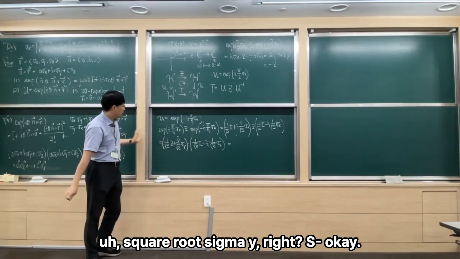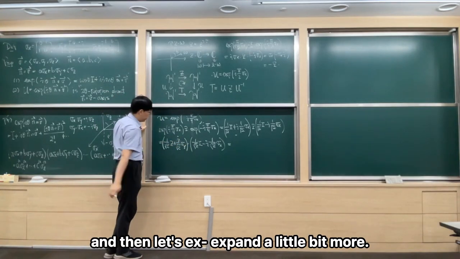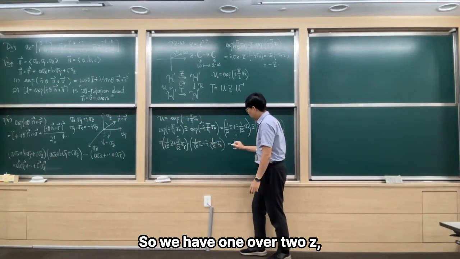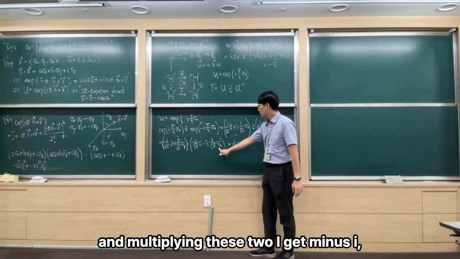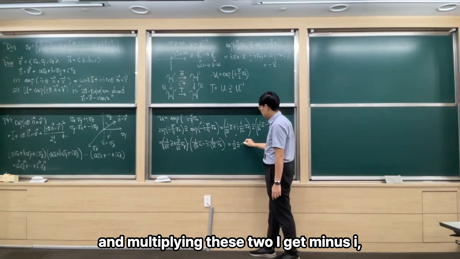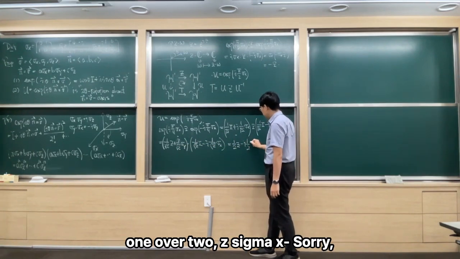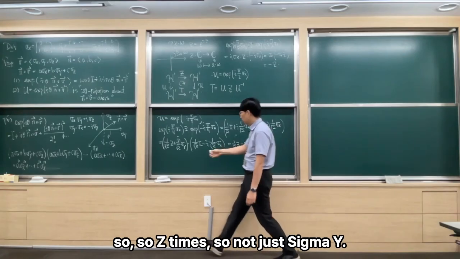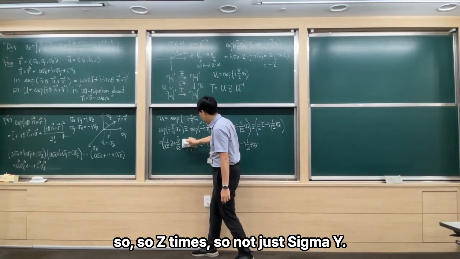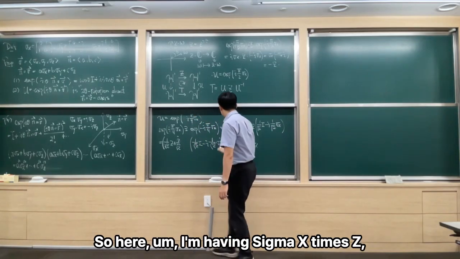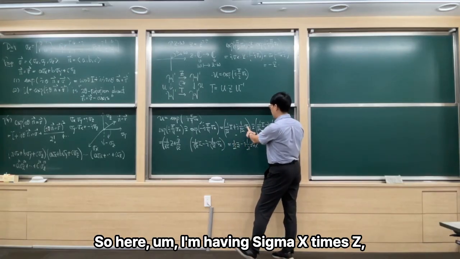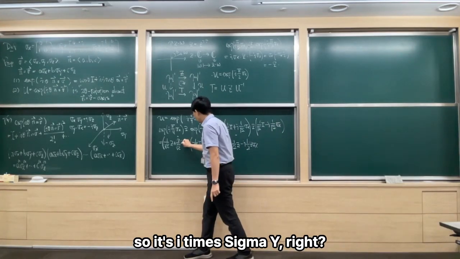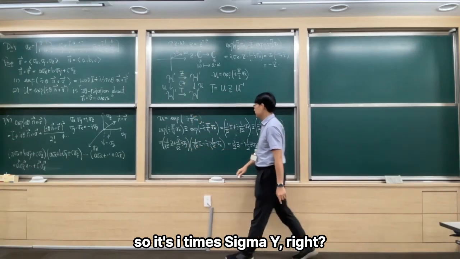Okay, and then let's expand a little bit more. So we had 1 over 2 Z, and multiplying these two, I get minus i 1/2 Z sigma x. Sorry, so not just sigma y. So here I'm having sigma x times Z, so it's i times sigma y. Okay.